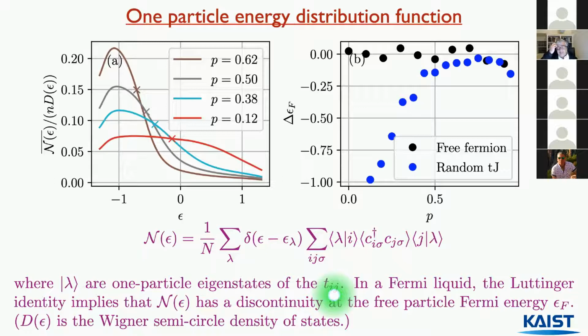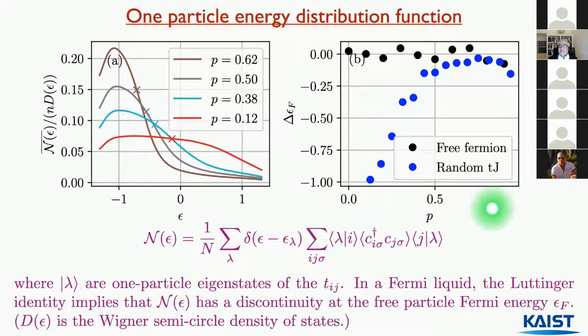Roughly speaking, that's because the self-energies are all completely local. So therefore, you actually know what the lambdas are, and you can compute this N of E. So you get a Fermi energy. So these are N of E. Okay, we don't quite see a discontinuity, but you clearly see some inflection points. And so you can then read off from the numerical data where you think the Fermi energy is.